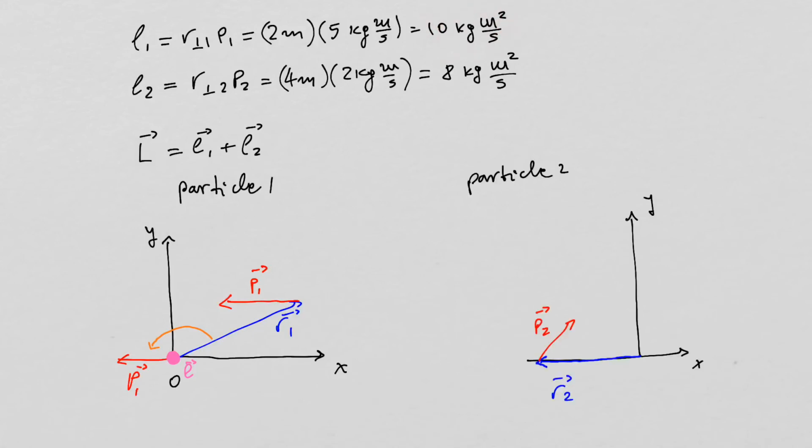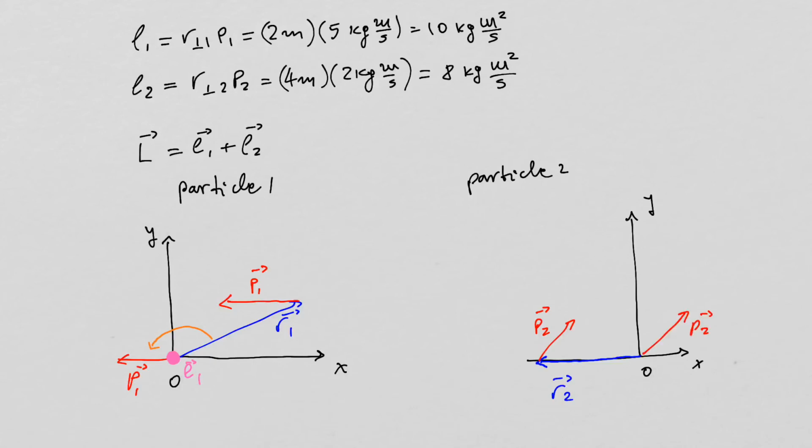For particle 2, the position vector r2 points like so, and the linear momentum vector p2 points like so. Again, I'm going to slide p2 so that both r2 and p2 have the same origin at O. And then I will apply the right-hand rule to determine the direction of the angular momentum vector for the second particle.